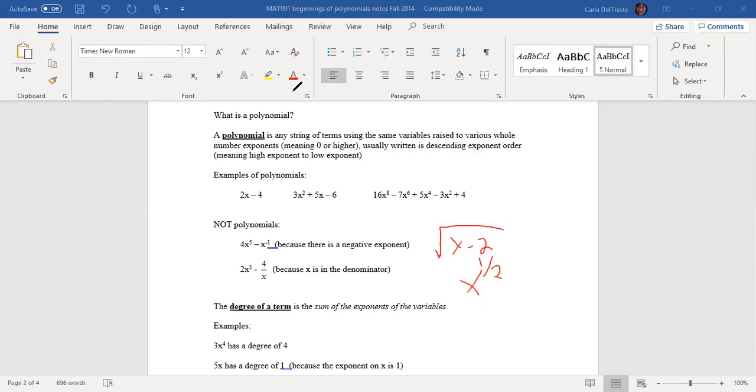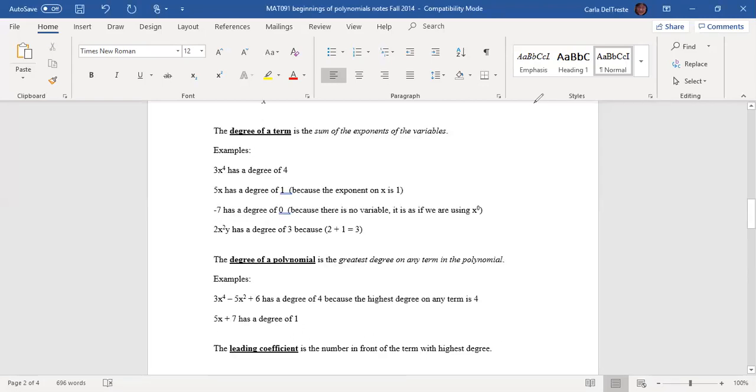The degree of a term is the sum of the variable's exponents. A lot of times we're going to be just dealing with one variable, so we don't have to worry about this very much because it's just going to be the visible exponent.